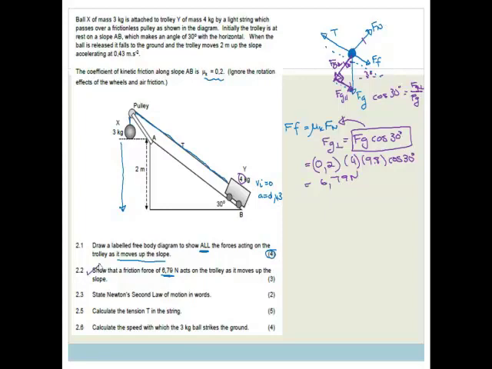Now grade 12s, the reason they've asked you to prove that it's 6.79 newtons is because they want you to use this in the next question, or in questions further down, and they don't want you to forfeit the marks because you don't know what that frictional force is.